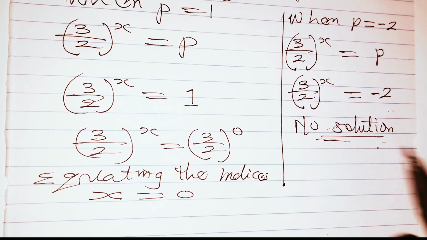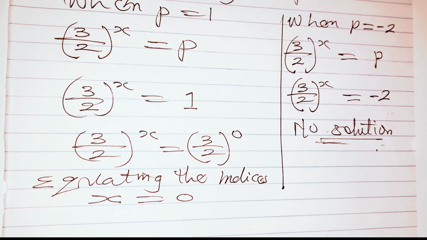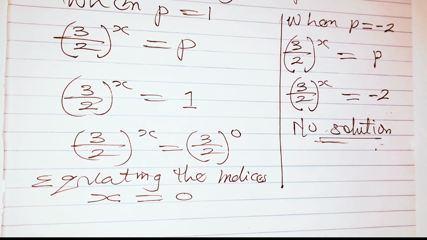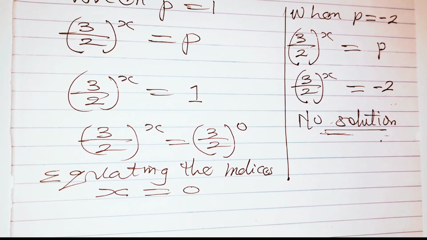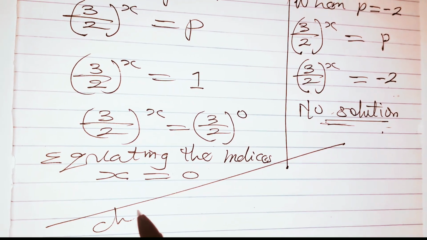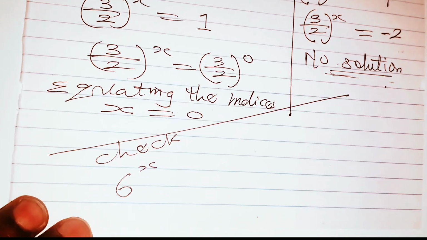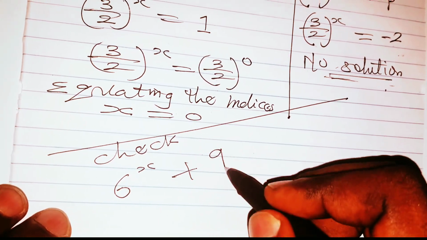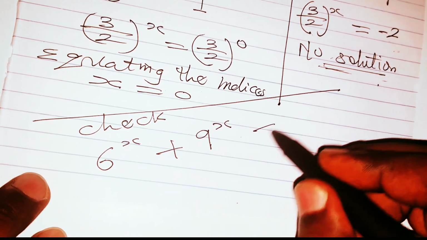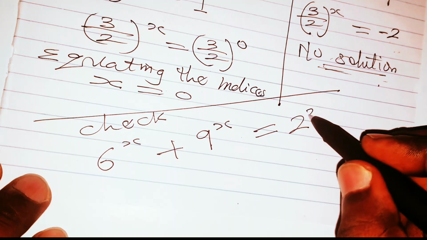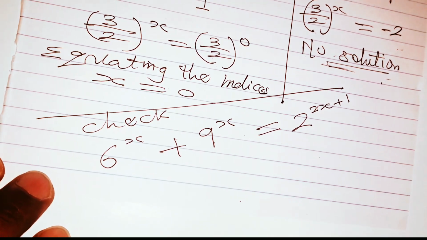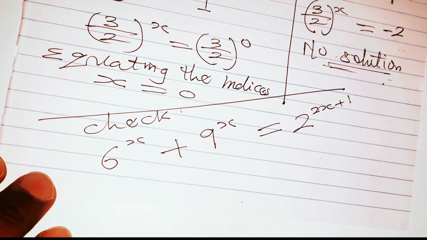And you can just check. If you want to check if what you have obtained is actually correct or not, you can bring in the question itself. Let me just write it out this way. This is like a check. Remember we said 6 raised to the power of x plus 9 raised to the power of x is equal to 2 raised to the power of 2x plus 1. Let's check if 0 is actually the correct answer.